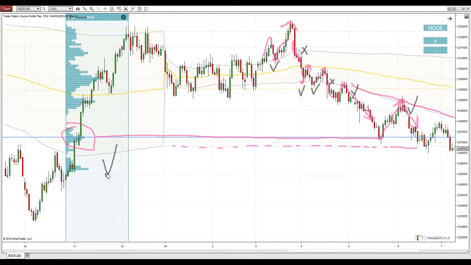So you would have 1, 2, 3, 4, 5, 6 winners and 2 losers, which is pretty cool if you consider that all those trades were based mostly just on vwap, right?